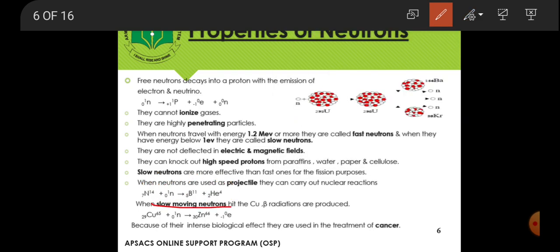When slow moving neutron hits the copper metal, then beta radiations, that is beta particles, are produced. Because of their intense biological effect, means they can destroy the cancer cells, they are used in the treatment of cancer.